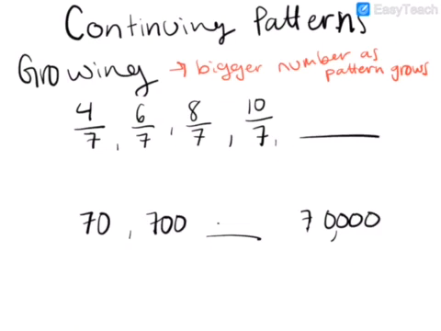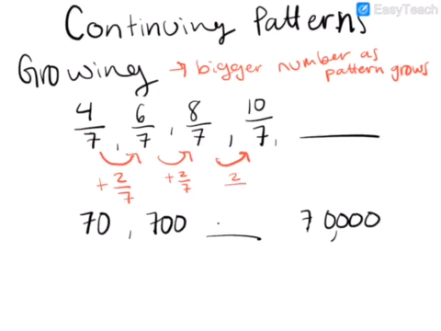Every pattern has a rule. When I look at this, I'm trying to guess and check the pattern rule. What is the difference between these 2 numbers? Okay, it's 2 sevens. So I'm adding 2 sevens. I'm just going to keep going and making sure that it checks.